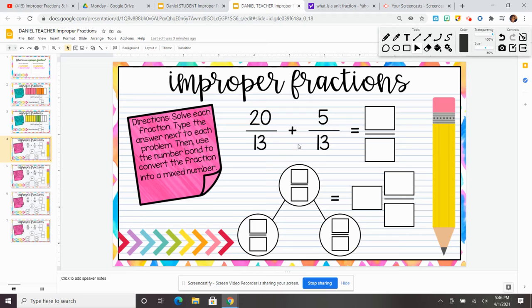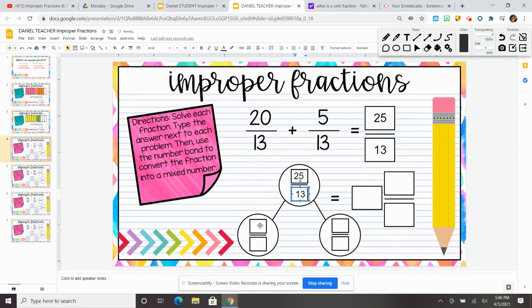You have 20/13 plus 5/13. Well, the denominators are 13, and the denominator is going to stay the same. I'm going to put 13 as my denominator. Well, my numerator is going to change because 20 plus 5 gives me 25. So I'm going to put 25/13 here.